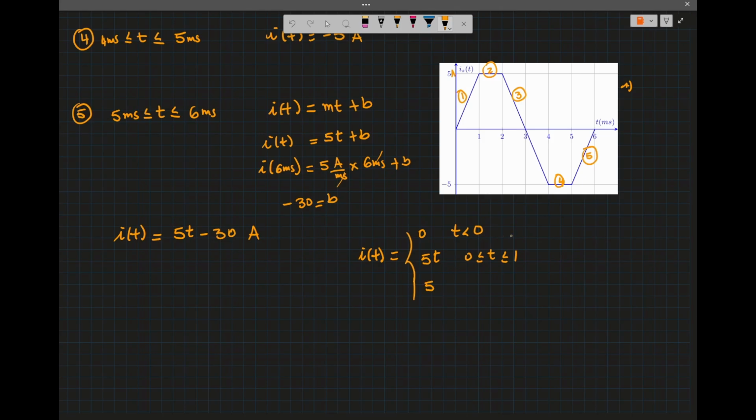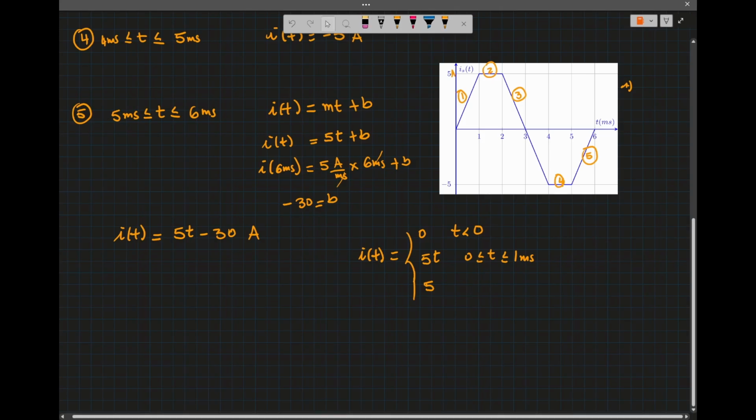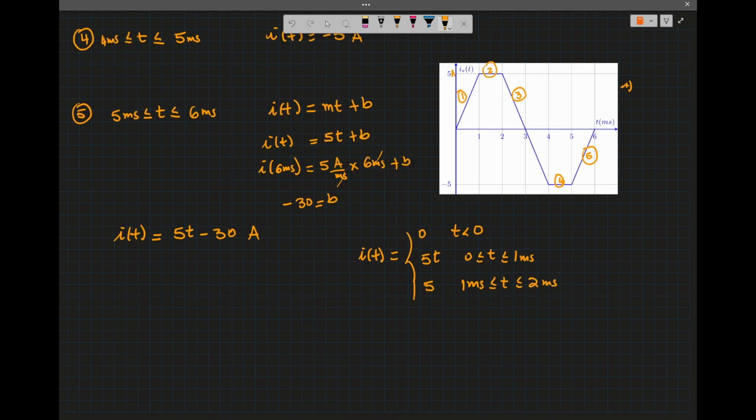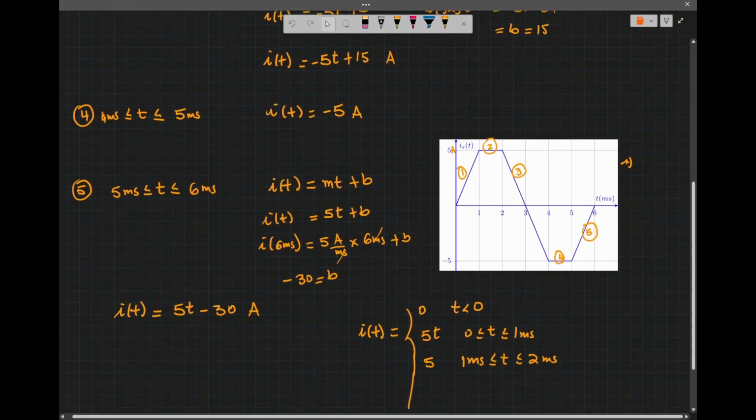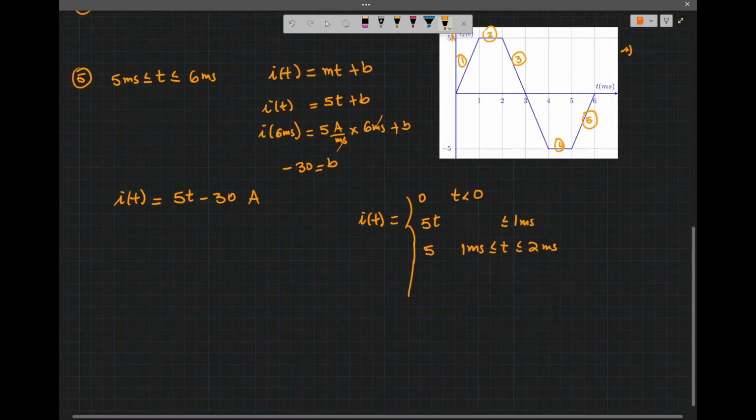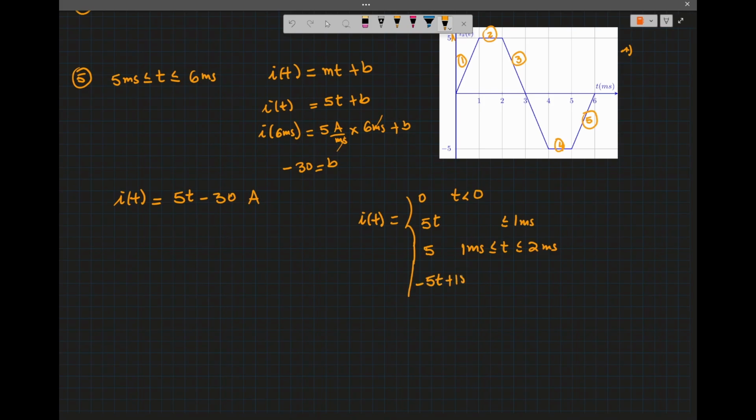It is 5 amps when 1 millisecond is less than or equal to t less than or equal to 2 milliseconds. Then section 3 was negative 5t plus 15 for 2 milliseconds less than or equal to t less than or equal to 4 milliseconds.